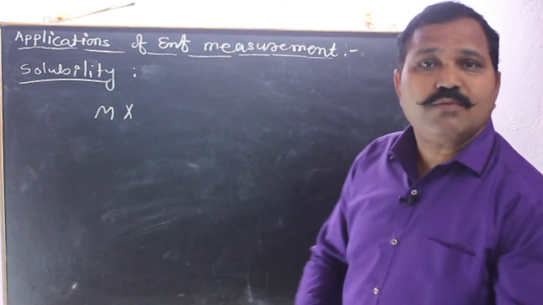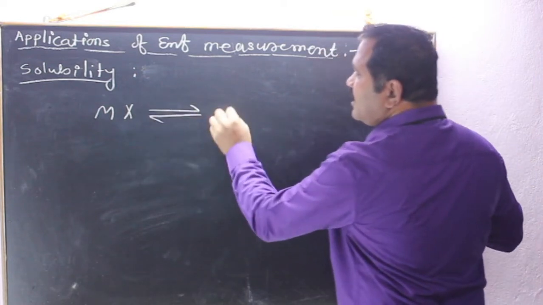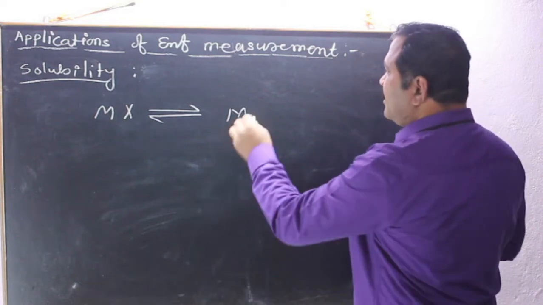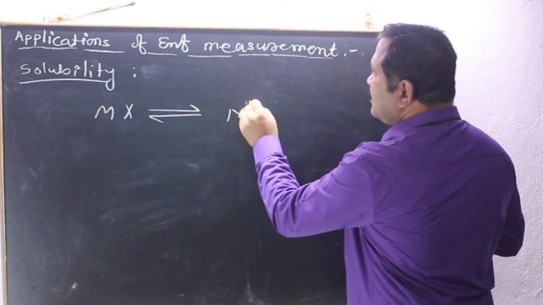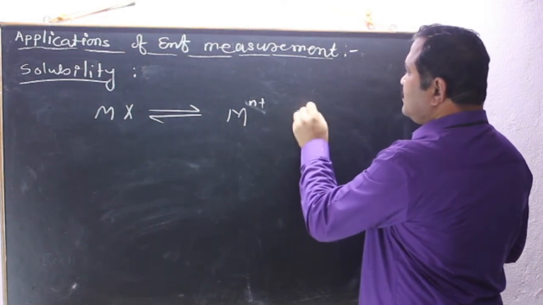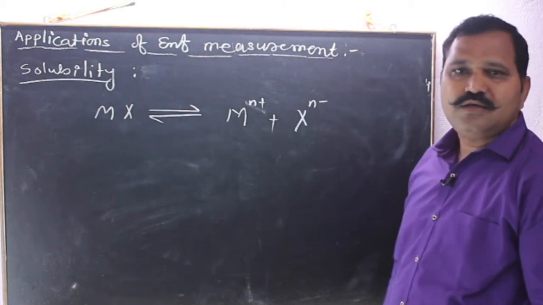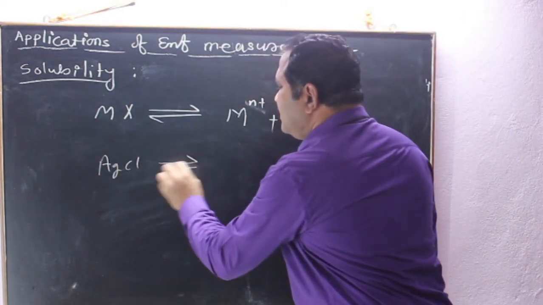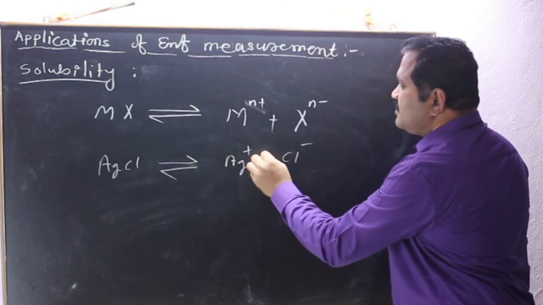Whatever amount gets dissolved, it again undergoes dissociation: MX gives M n plus and X n minus. For example, if we consider AgCl, it gives Ag plus and Cl minus.